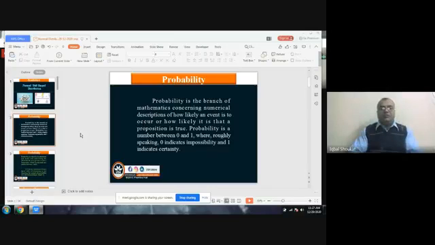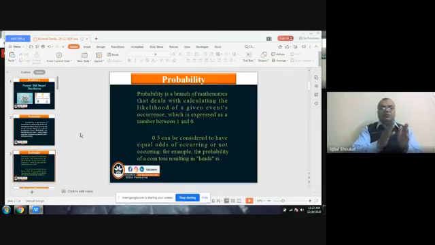And when we talk about 0, that means impossibility of the event. It is the branch of mathematics which deals with calculations about the likelihood of an event, and the number can range from 0 to 1.